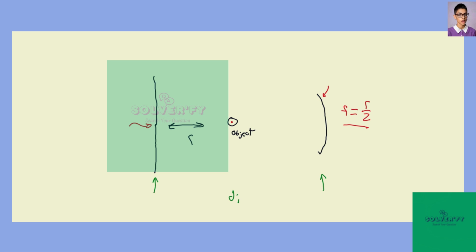So that's di. And then finally, we can say that do is simply going to be equal to di minus r, because this distance is r, and then if you take di minus that, you get our do, which is here.